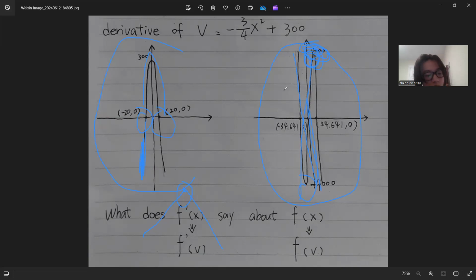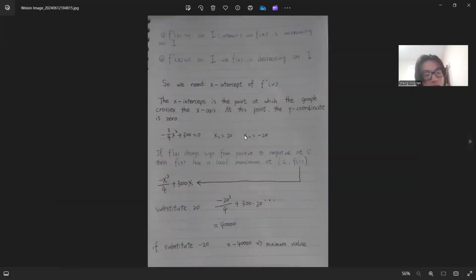At this time, the original function must be the largest. So we need the x-intercept of these two points. The x-intercept is the point at which the graph crosses the x-axis. At this point, the y-coordinate is 0.